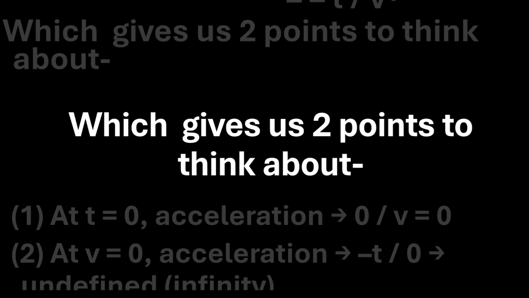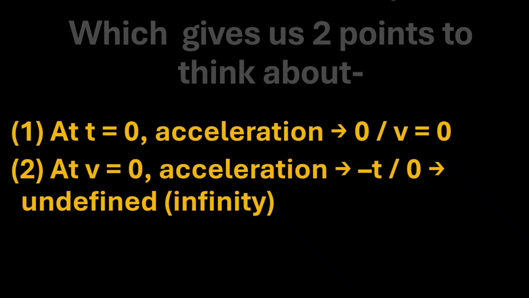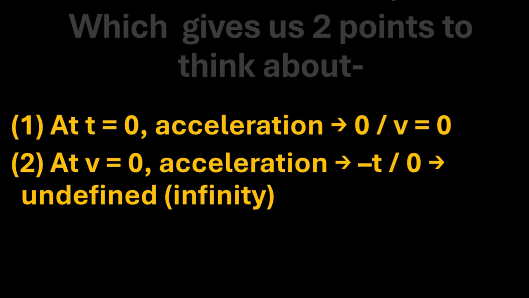This expression makes us think about two different things. One, at t equal to 0, acceleration is 0 by v, which is equal to 0. And at v equal to 0, the acceleration is minus t by 0, which is infinity.